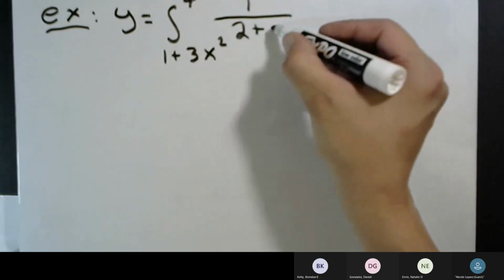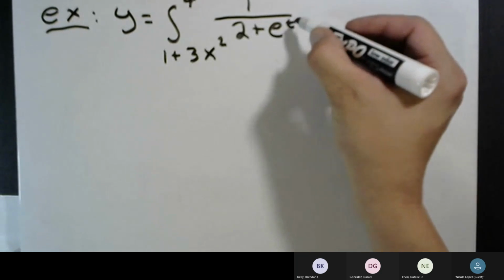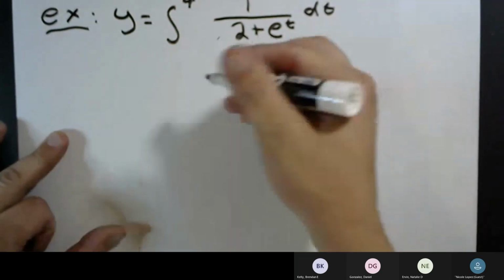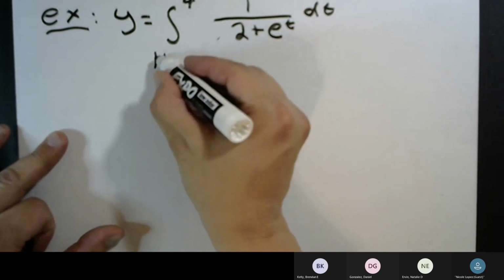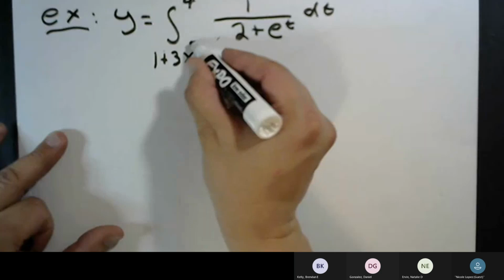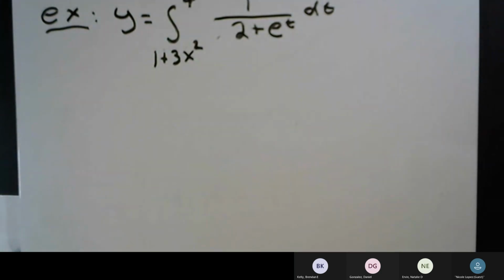Two plus e to the t dt. And let me scoop this one over here so it's not so intrusive. There we go. Whew. Now that's a hoot.